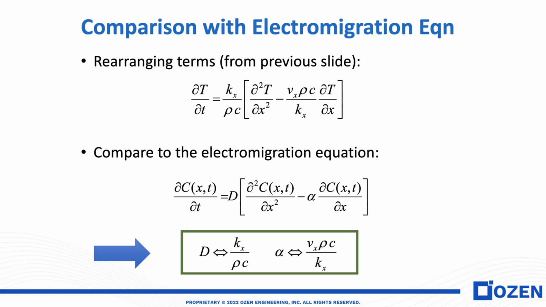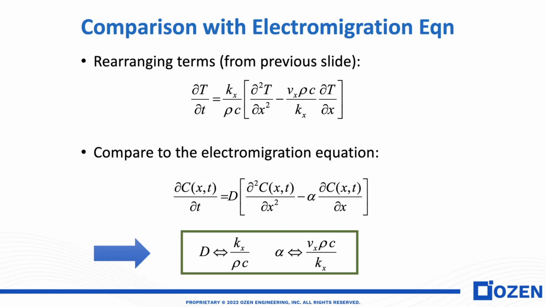So if we rearrange the terms from the transient thermal simulation in Ansys and compare it to the traditional electromigration equation, as you can see here, those equations look very much alike.